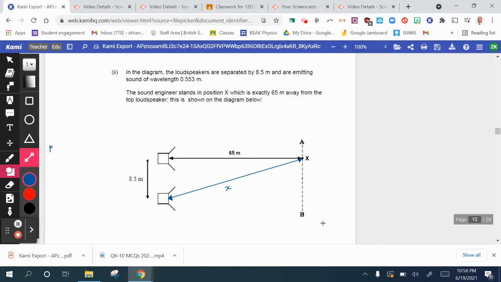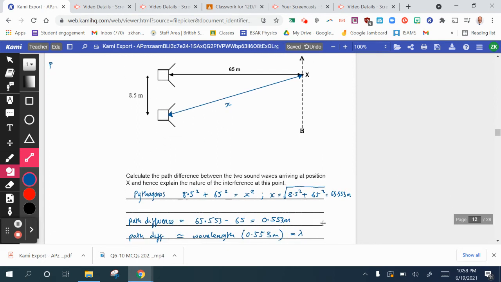So we can see that there's a 90-degree angle between 8.5 meters and 65 meters. This is shown in the diagram below. What we are trying to do here is calculate the path difference between the two sounds. So sound travels from here to point X, and sound travels from this speaker also to point X, and they interfere at that particular point.